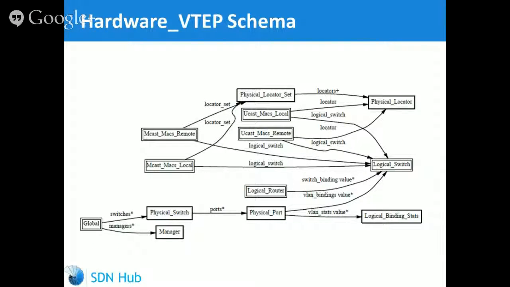The hardware VTEP schema is entirely different. It also has the manager concept, but except for that, everything else is very different because it's been streamlined towards doing VXLAN kind of switches. To be able to support VTEP hardware, we have a concept of a physical switch connecting with the logical switch and being able to associate individual MAC addresses to different parts of that switch based on which interface it belongs to.